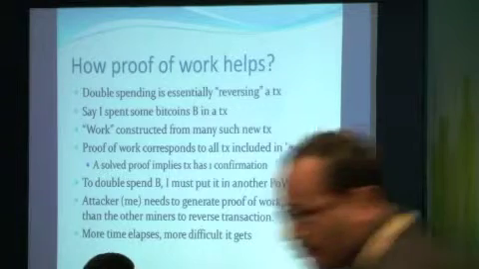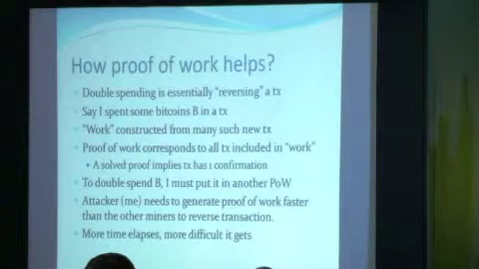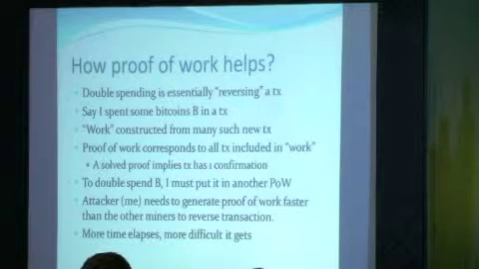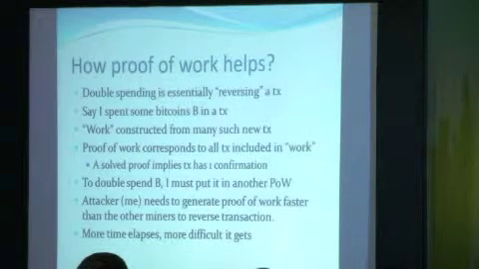Suppose I spend some amount of Bitcoins B in a transaction. The proof of work that I talked about earlier is constructed from many such new transactions that everybody collects. I made one transaction of this B Bitcoin, and somebody else made some other transactions. All these new transactions are collected by all the miners around the world, and then they are combined into a kind of work, a puzzle.